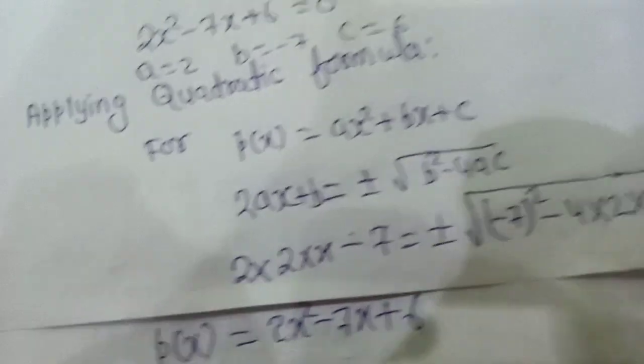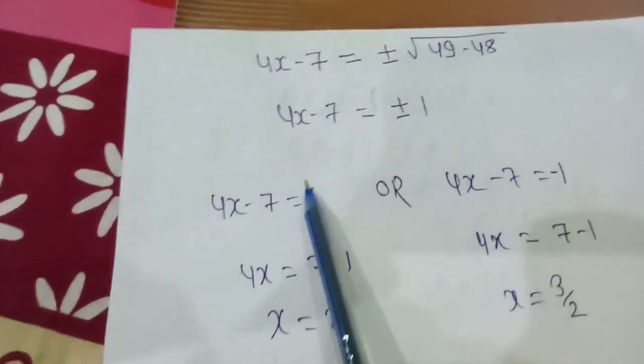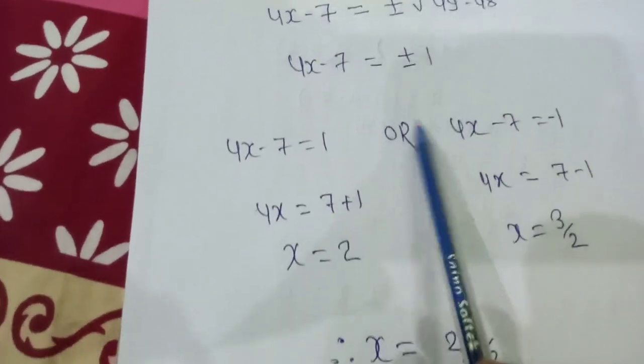Here minus 7 square is 49. So this is 49 minus 48, so 4x minus 7 equals plus minus 1.